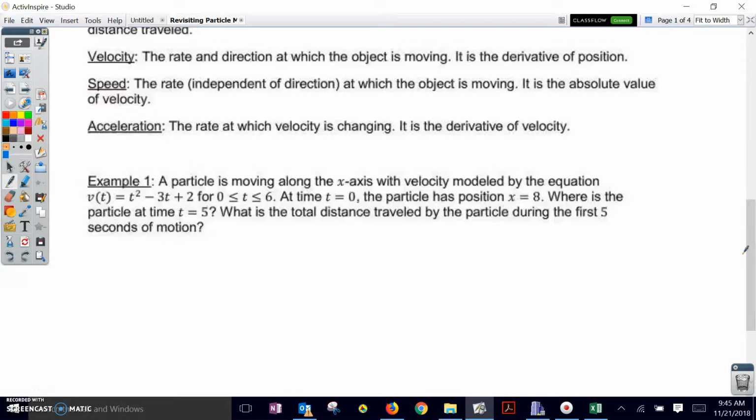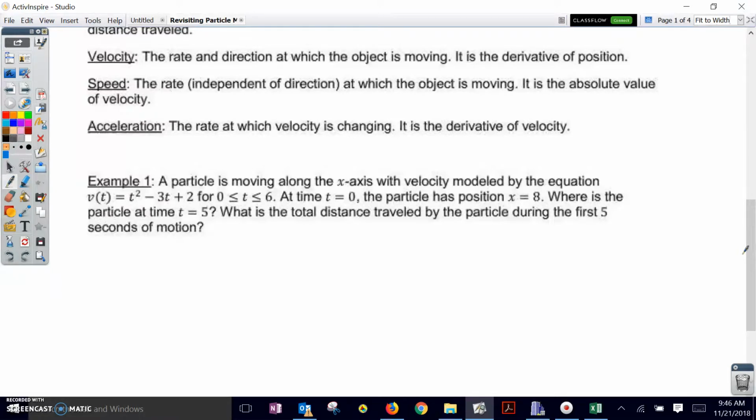In order to find out where the particle is at time t equals 5, we need to consider where it was to start with, and then in order to find its displacement, we're just going to integrate the velocity function over that interval. And that's going to take into account all the different changes in direction that might happen with that velocity. It's going to take into account really everything as far as the displacement goes.